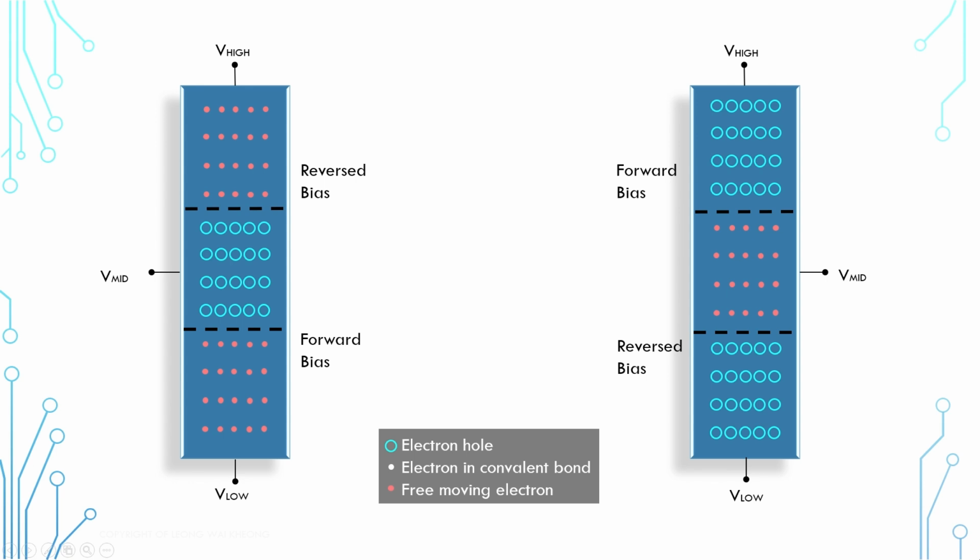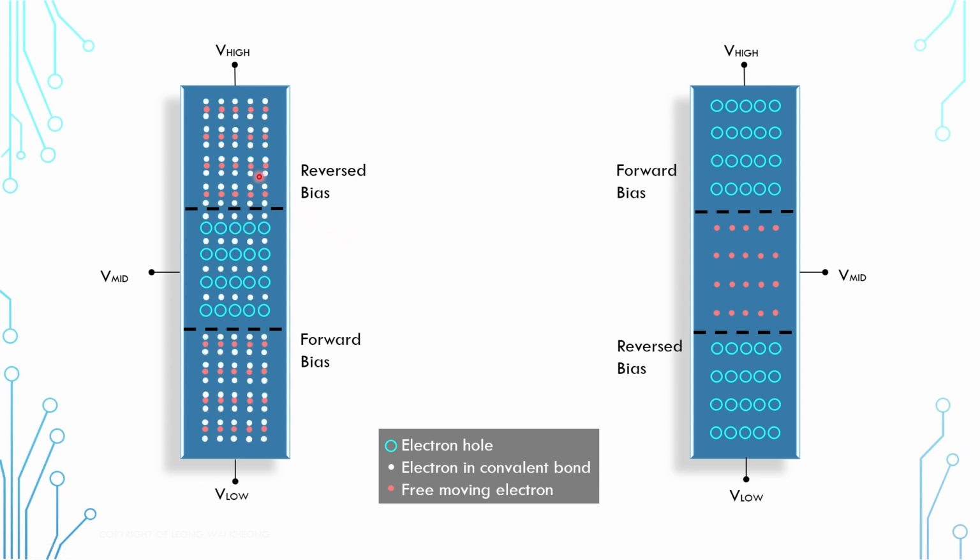And now let's look at the two PN junctions together. At the reverse bias junction, the red electrons are pulled towards the high voltage, and the electron holes are pulled towards the low voltage. The interesting part is actually at the forward bias junction. Intuitively, we thought that the red electrons will move up and combine with the electron holes and become white electrons.